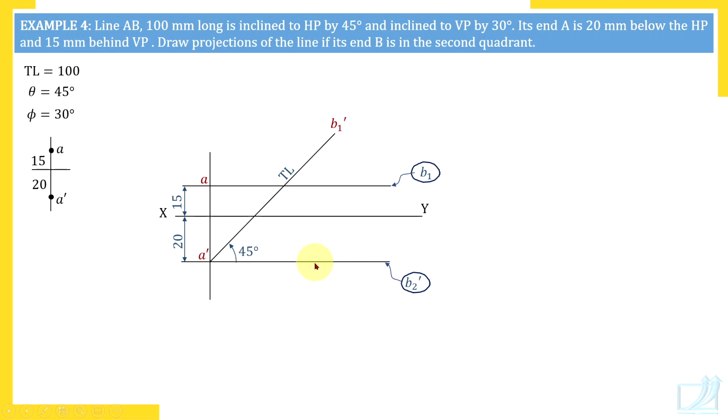A dash B dash we couldn't draw because it has length EL, inclination alpha. A dash B1 dash we could draw because its length and angle both are given. And A dash B2 dash is horizontal and has length EL. There are two front views with length EL: A dash B dash and A dash B2 dash. A dash B1 dash, the front view with suffix 1, is always the true length front view.